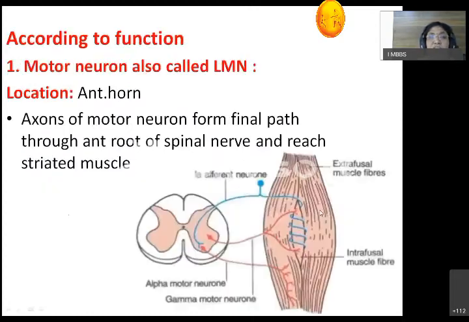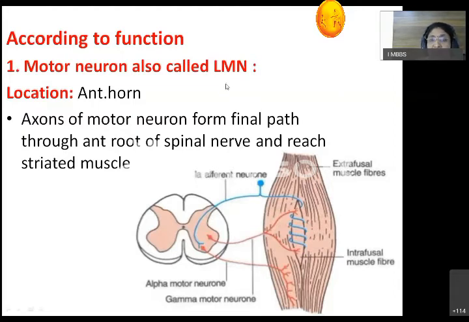Now coming to the types of nerve cells according to their function. According to function, the nerve cells are of three types: motor neurons, sensory neurons, and interneurons. Now these motor neurons of gray matter of spinal cord are known as lower motor neurons. You also know there are upper motor neurons also.